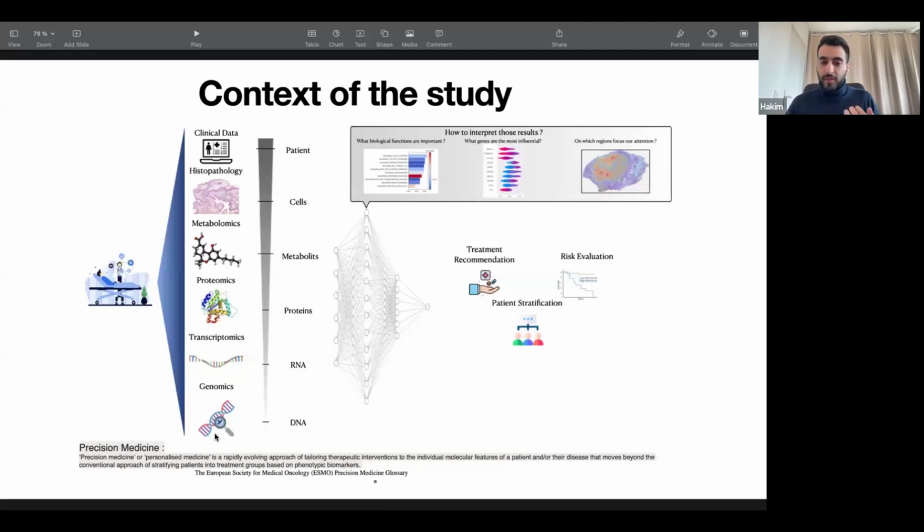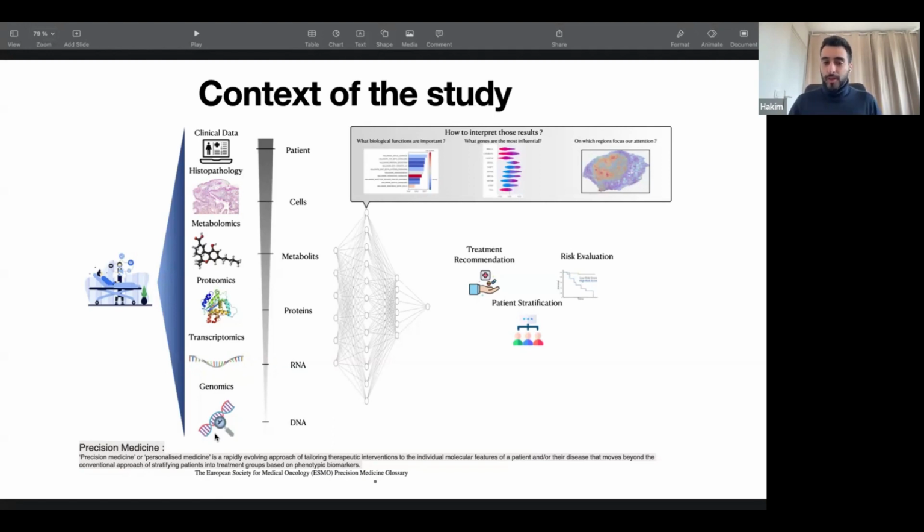All those different types of data target different levels of the biological system, and there's a huge benefit of being able to integrate all those data because it gives a more comprehensive view of the biological system.